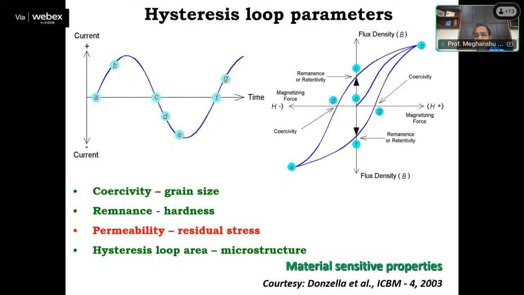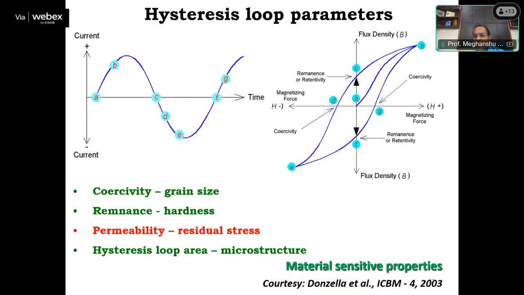These intersection points indicate a very important magnetic property. Whenever the hysteresis loop crosses the x-axis, at point D and point G, it is coercivity.